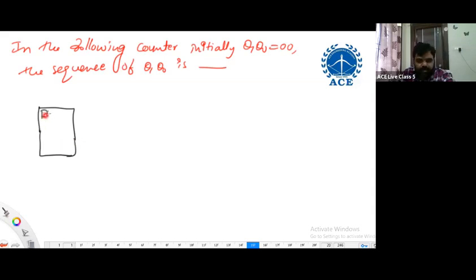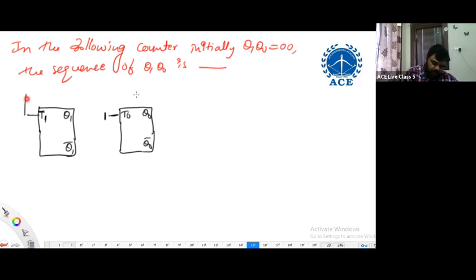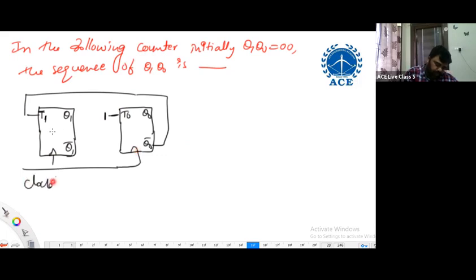Just wait, one by one we are studying. T1, Q1, Q1 bar. Next, T0, Q0, Q0 bar. T0 is connected to 1, T1 is connected to Q0 bar, and synchronously clocked. This is the counter given.